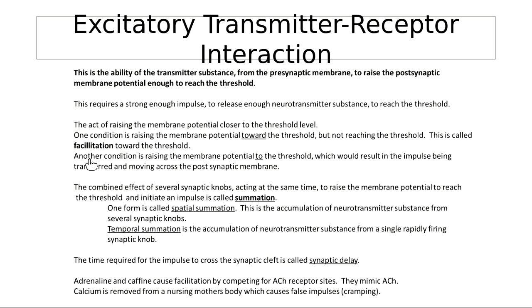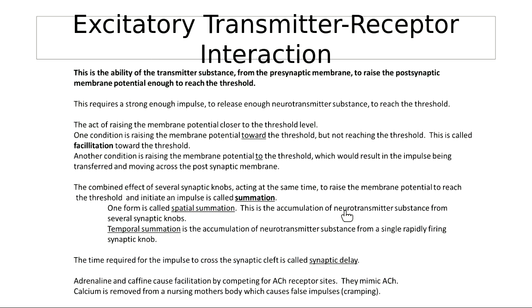That's what I put down here too. So we have some terms. I have the combined effect of several synaptic knobs acting at the same time to raise the membrane potential to the threshold and initiate an impulse is called summation. Summation, the additive effect. One form of summation is called spatial summation. That's your next blank.